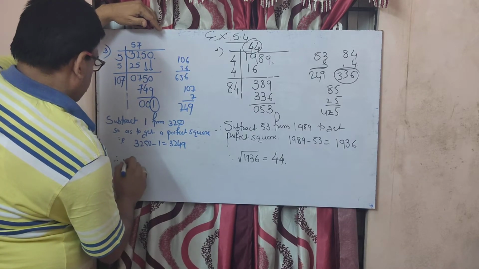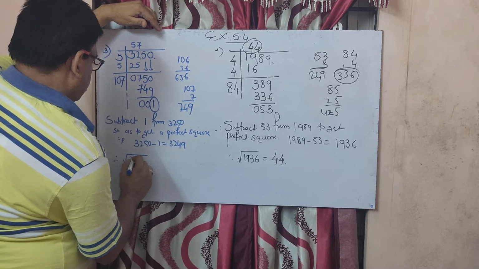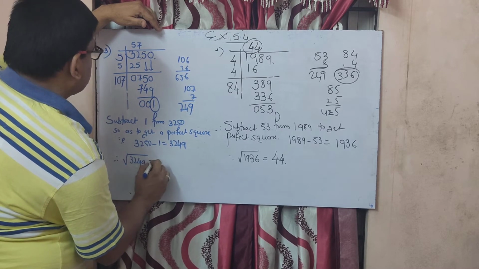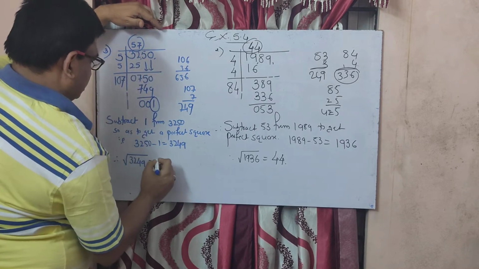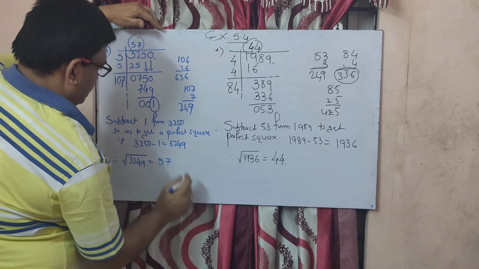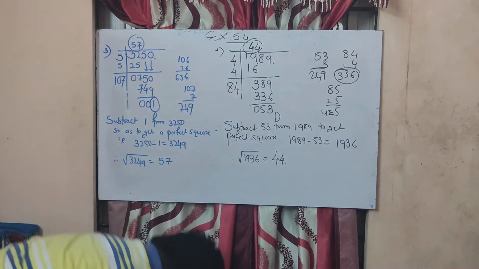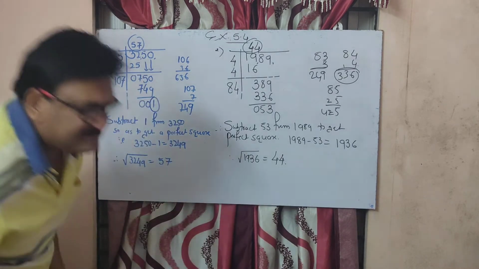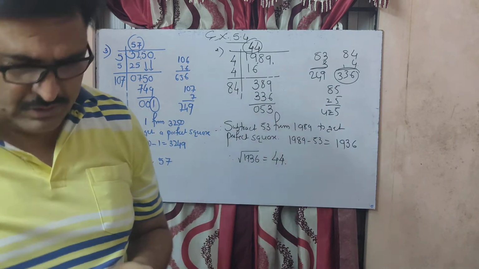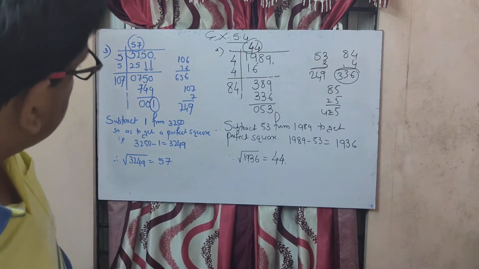And therefore the square root of 3249 is how much? That is 57. This is the way we have to do it. Now let us do the next one.